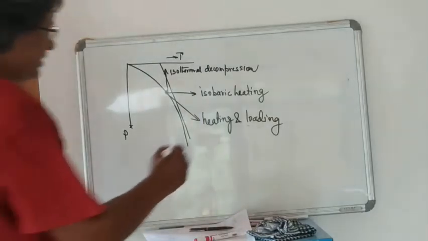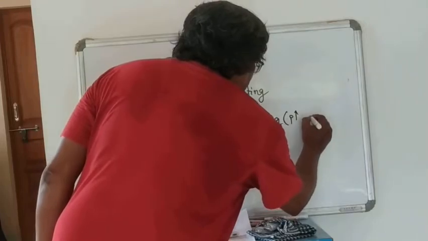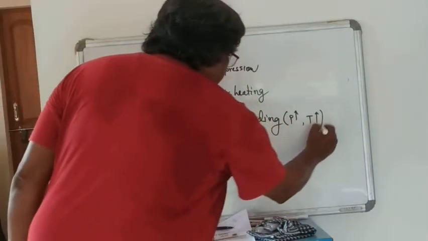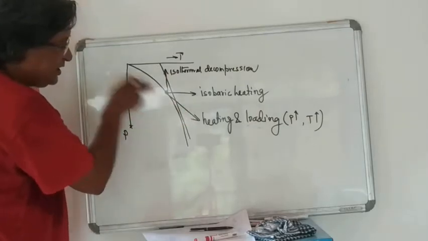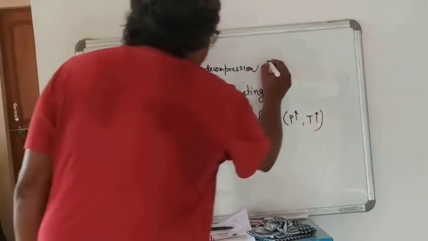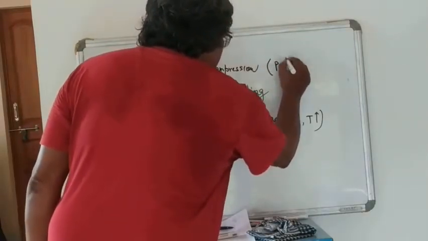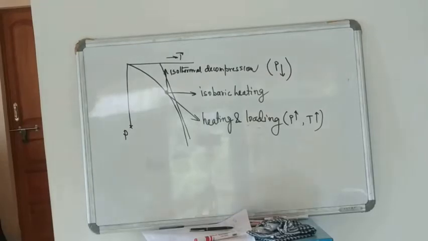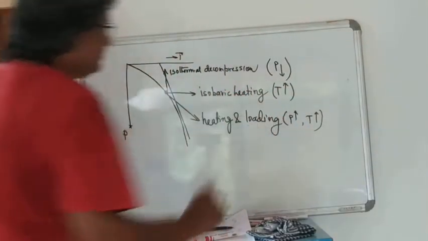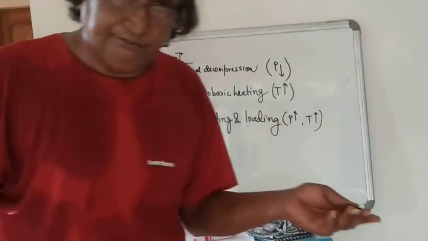So here P increasing, P increasing. Heating and loading means pressure increasing, temperature increasing. Isothermal decompression is pressure decreasing. Isobaric heating means temperature increasing. When I don't write the other one, it means that's constant.